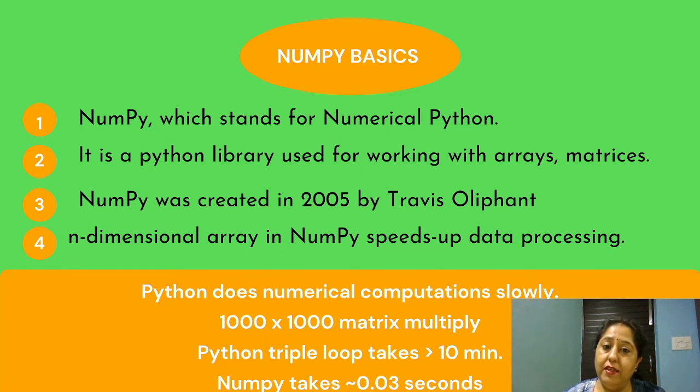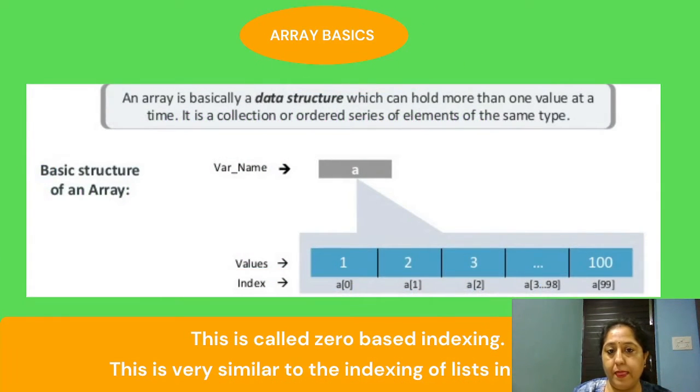But if we install the NumPy package and do these calculations through NumPy, it will take less than 0.0 seconds. Therefore, we say that n-dimensional array in NumPy speeds up data processing. Let us move to the array basics.